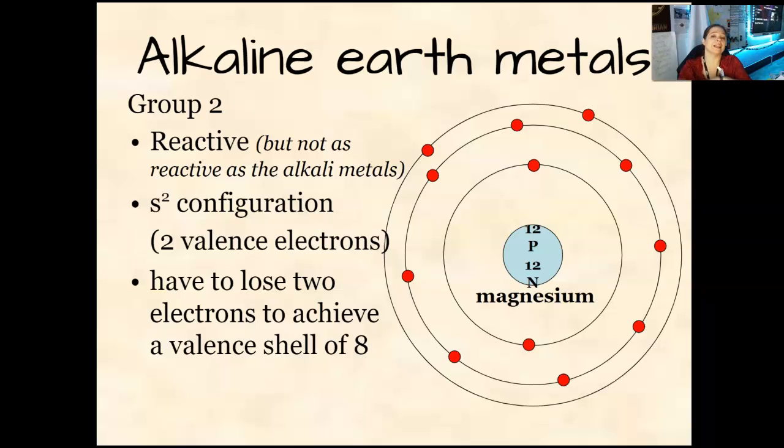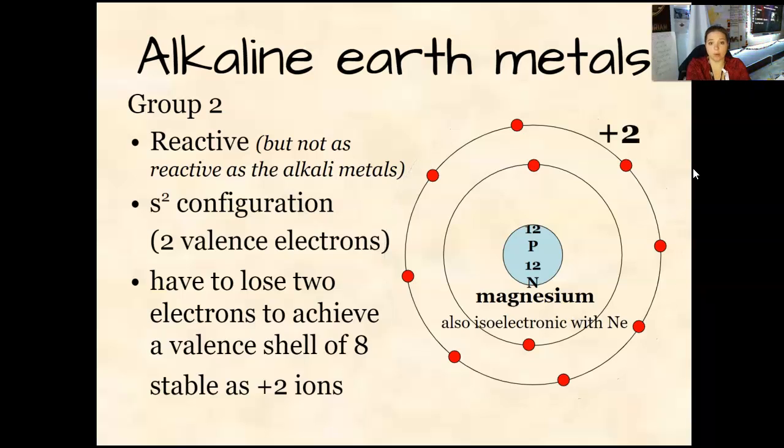which is why it's a little less reactive than group 1, because group 1 only has to lose 1, whereas this one has to lose 2. So it loses the 2 and it becomes stable, just like group 1, but it has to lose 2. It becomes +2. That means there are 2 more protons than there are electrons.